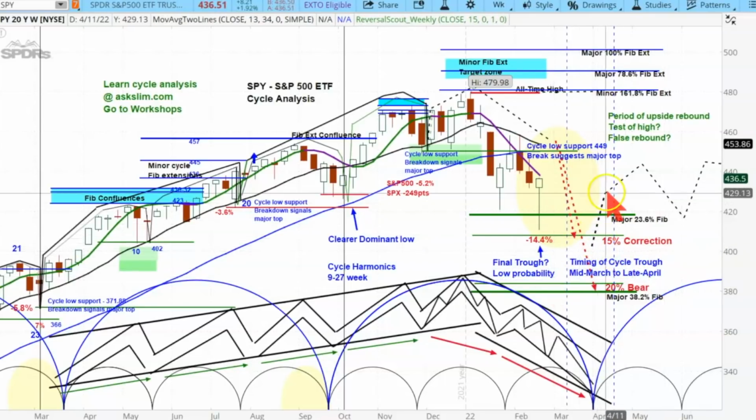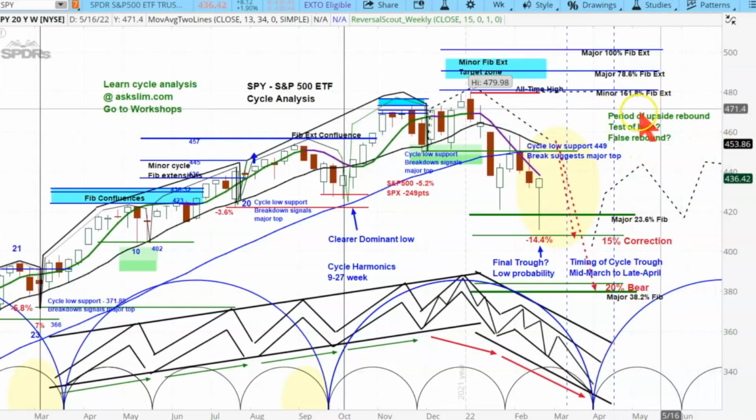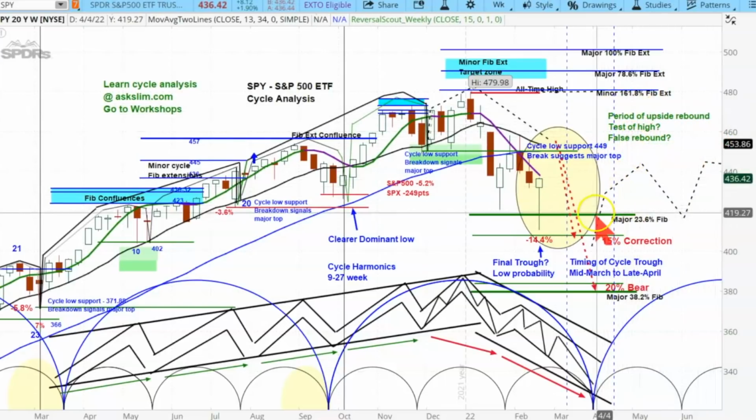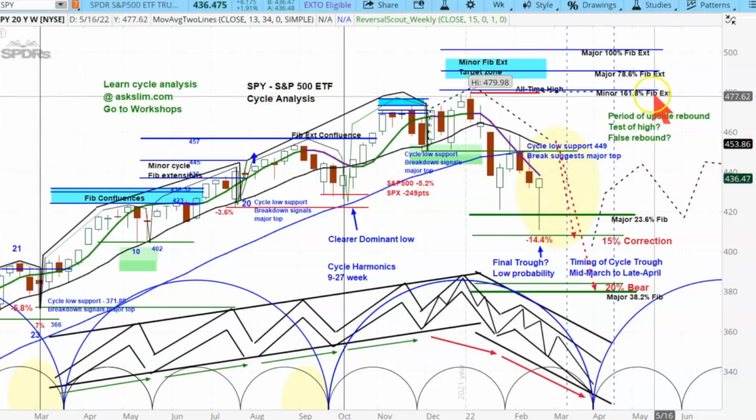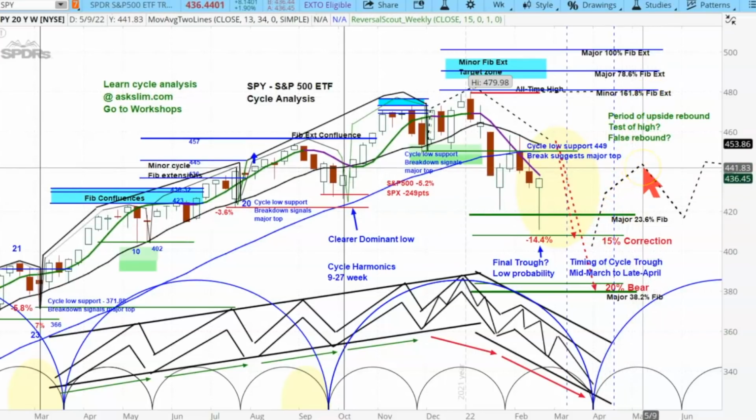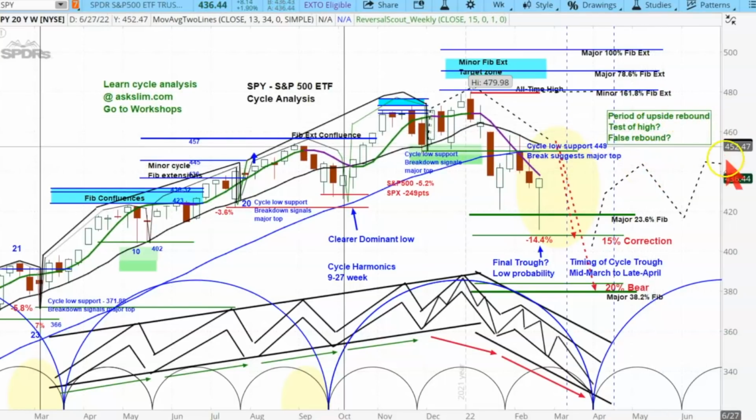And then this period over here is this period of upside rebound. Will that be a test of the high? Will this rally in here get you way up over here? Many times in bear markets, you get up about between 2/3 and 3/4 of the way up, and then it fails. Some markets, some indexes get to the highs and some miss.